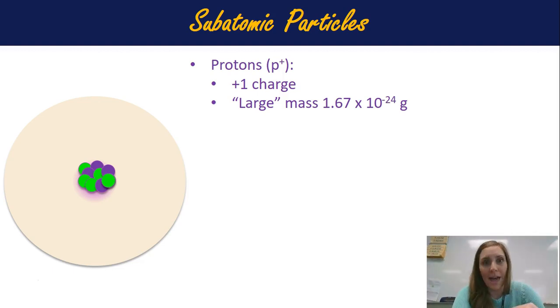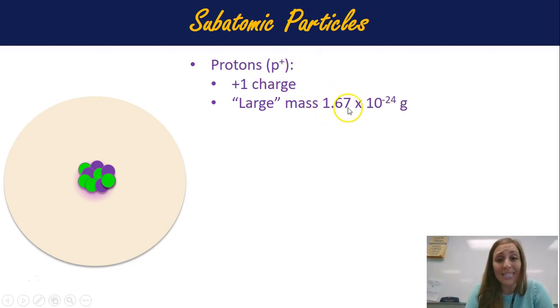This is smaller than an atom. So even if it's a large subatomic particle, it's still incredibly small. So its mass is 1.67 times 10 to the -24 grams. So that means if you move the decimal, there's a decimal, then there's 23 zeros, then 167 grams. So a fraction of a fraction of a fraction of a gram.